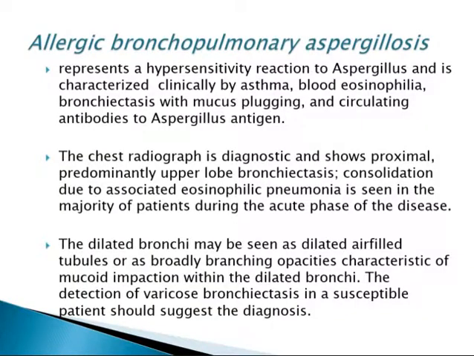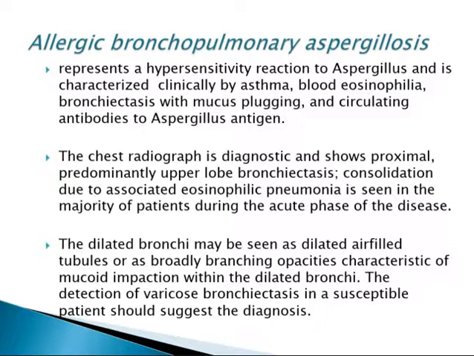Allergic bronchopulmonary aspergillosis represents a hypersensitivity reaction to aspergillus and is characterized clinically by asthma, blood eosinophilia, and bronchiectasis with mucus plugging. The chest radiograph is diagnostic and shows proximal, predominantly upper lobe bronchiectasis. Consolidation due to associated eosinophilic pneumonia is seen in the majority of patients during the acute phase of the disease.